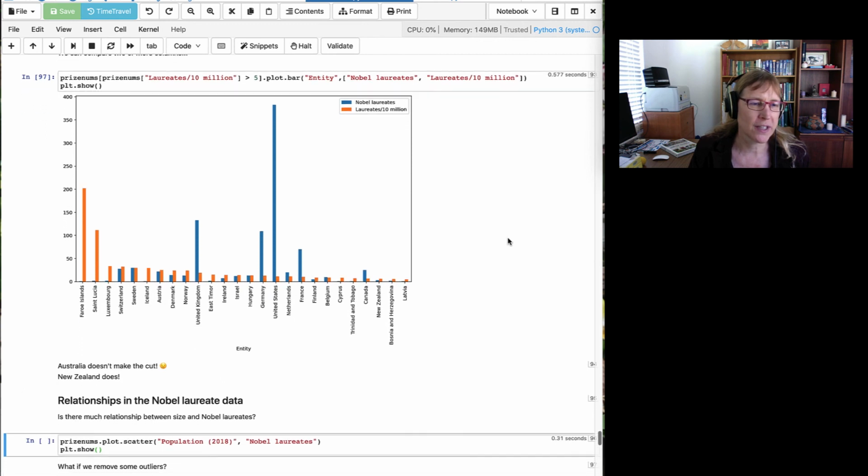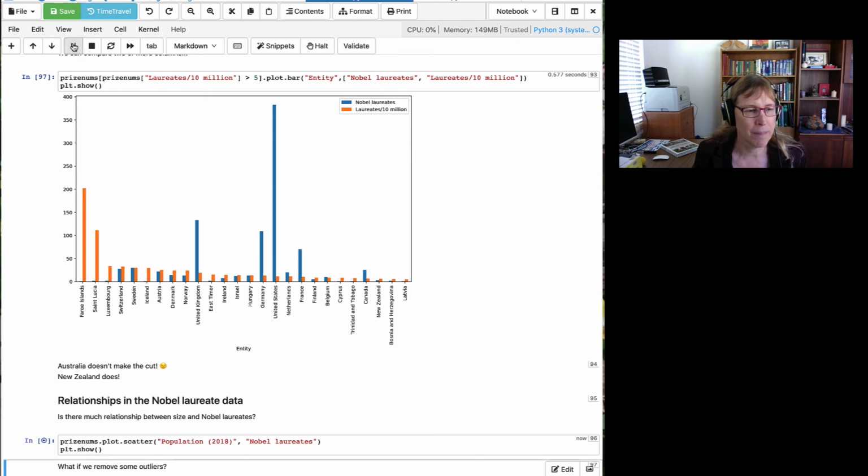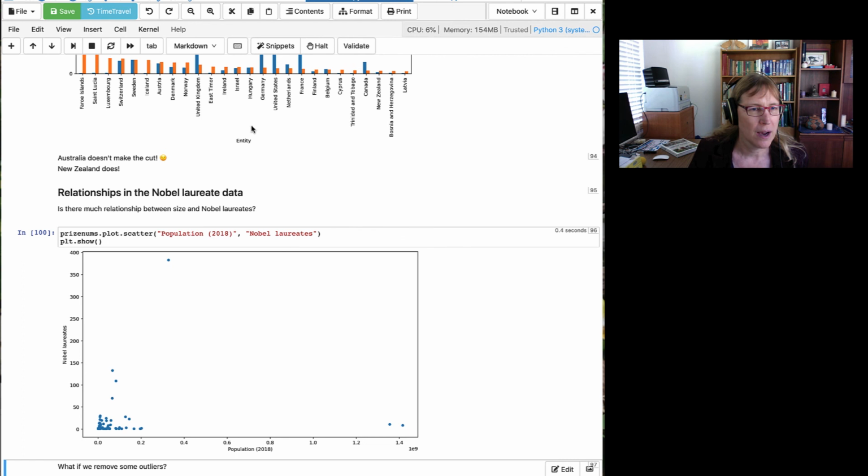Just as an example of that, we'll start with the relationship between size of country and number of Nobel laureates, and see whether we can see a relationship. We know that when we look for those relationships, often we use a scatter plot to see if we can visualize a trend there. So let's look at the scatter plot. Again, Pandas provides us with a scatter plot function, and we just have to name the columns.